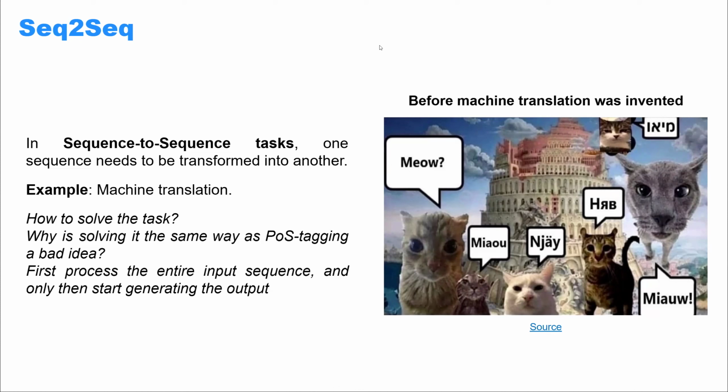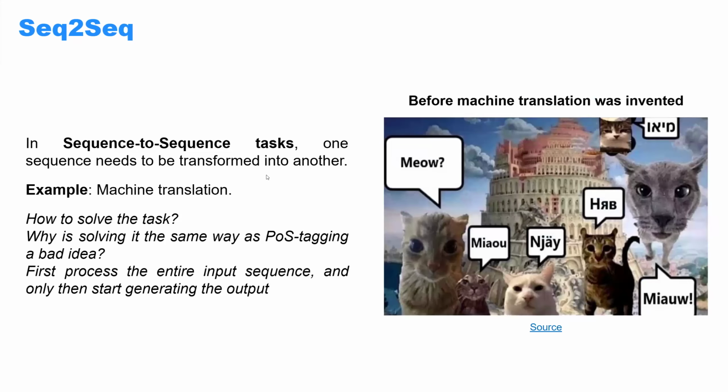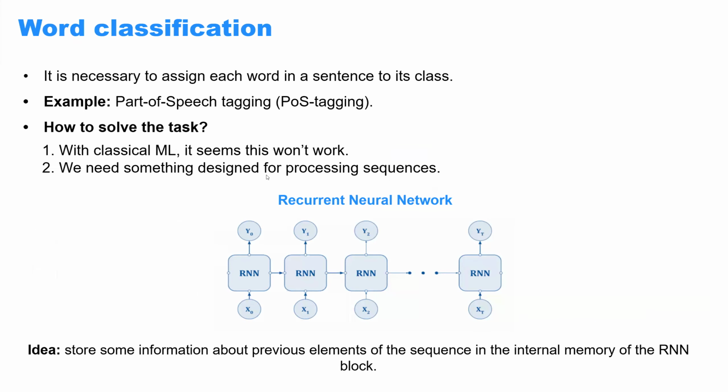And moreover, we have different grammar, semantics, and other things. So why will the solution that was used for part of speech tagging perform badly for machine translation? Why can't we just translate word by word?